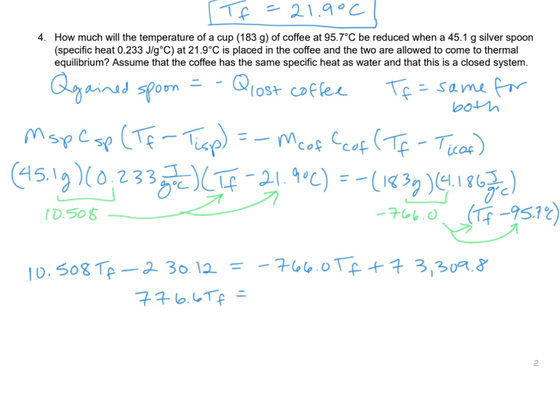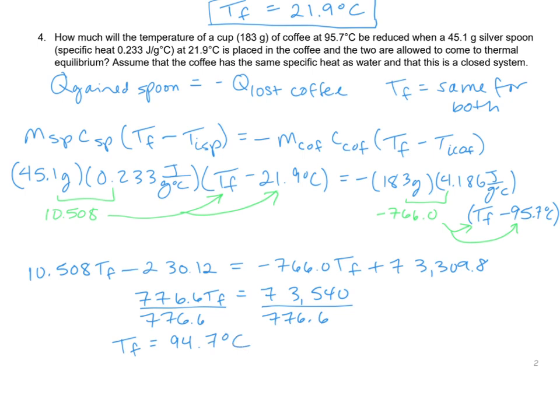And that equals collecting like terms on the other side, the 73,000 plus the 230, you get 73,540. Divide both sides by 776.6. And we end up with a final temperature with 3 sig figs of 94.7 degrees Celsius.